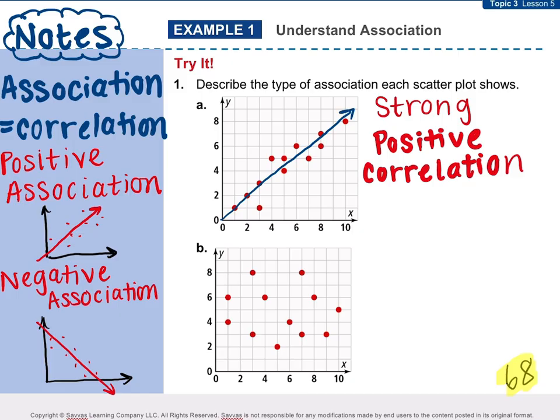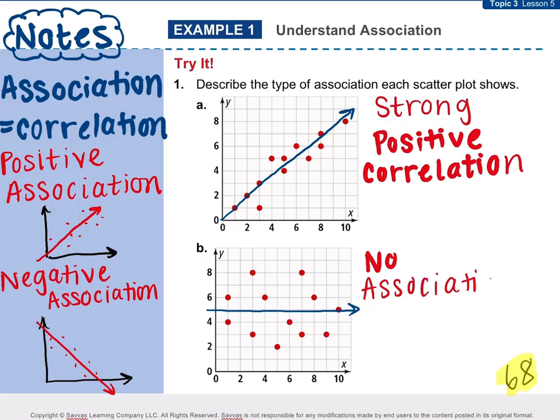And in part B, you'll see I have a different issue of I don't even really know where the line is going. My points aren't all going up or down. If I wanted to draw a line through the middle of this data set, it would probably be almost a straight line. And so we would actually call that no association or correlation. Again, you can use either word. So I'll write no association / correlation.